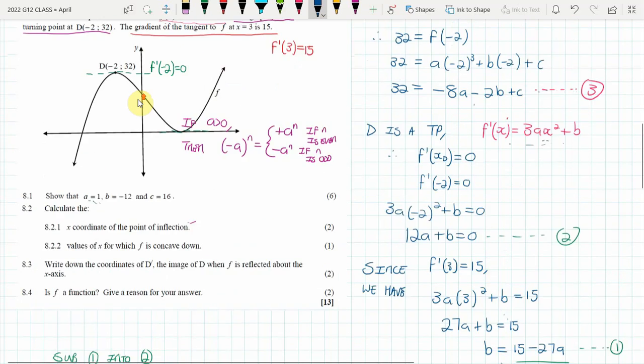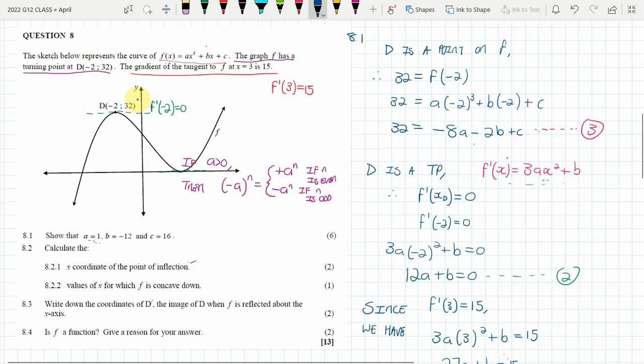Now let's write the equation of f in a nicer way, since we have the values of a, b, and c. F of x is equal to x to the 3 minus 12x plus 16.